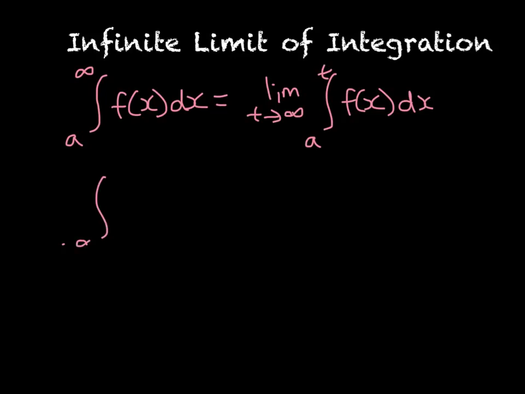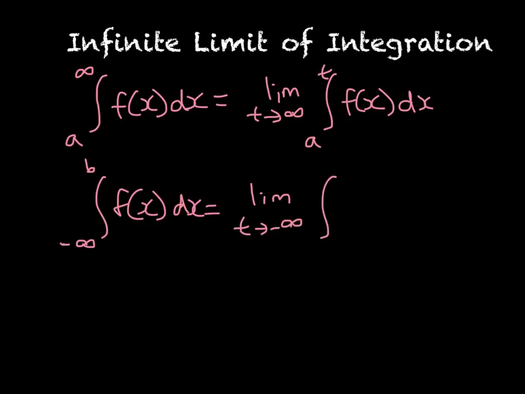Same thing with negative infinity. If we're going from negative infinity to some number b, then we'll just take the limit as t approaches negative infinity of the integral from t to b of f of x dx.